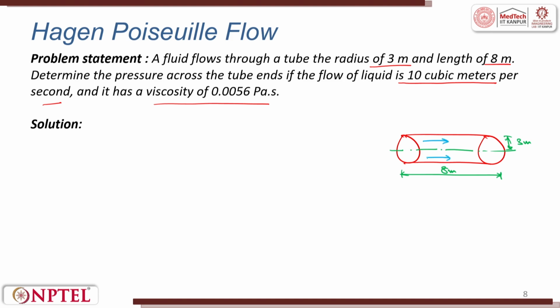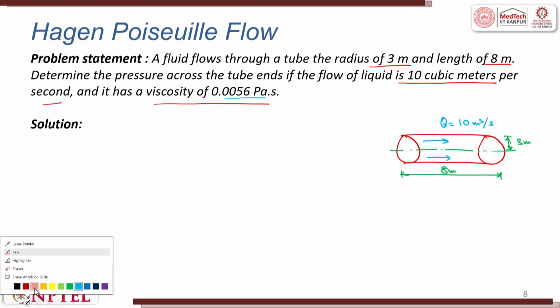It says the viscosity of the fluid, that is eta, is 0.0056 Pascal second, and the fluid flow rate Q is equal to 10 cubic meters per second.